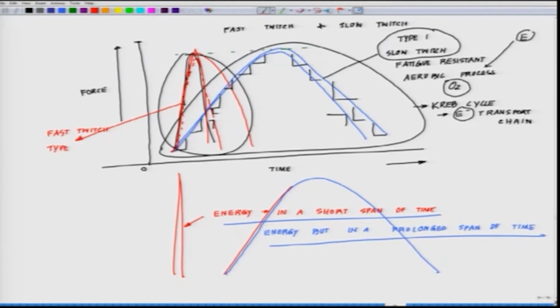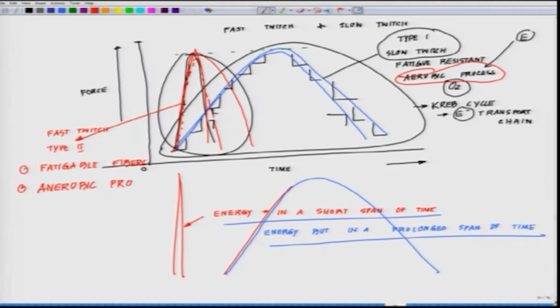These are basically fatigable fibers and derive most of their energy, unlike aerobic processes here, by anaerobic processes, because they need a huge amount of energy.